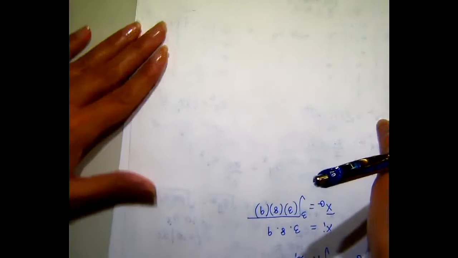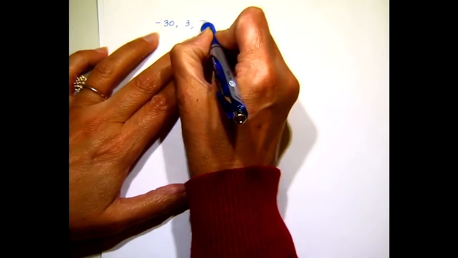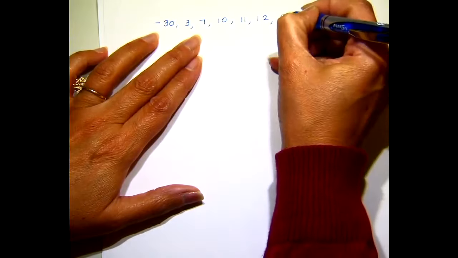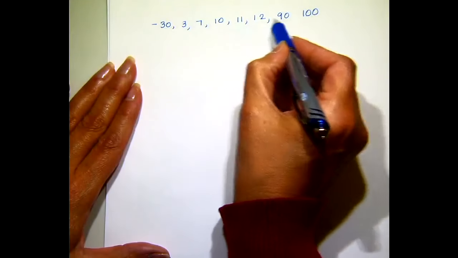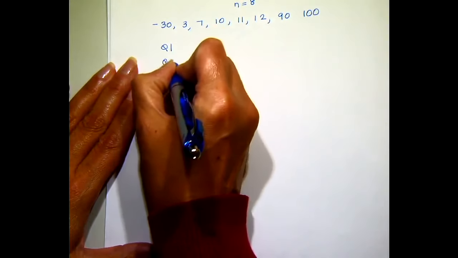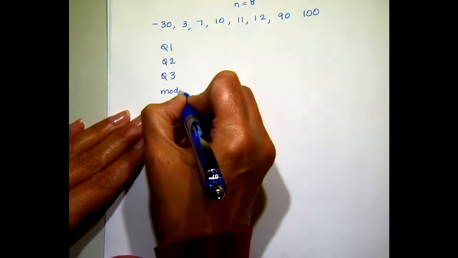Let's say I give you the following data. Minus 30, 3, 7, 10, 11, 12, 90, 100. 1, 2, 3, 4, 5, 6, 7, 8 data points. Can you find me Q1, Q2, Q3, and the modified box plot?